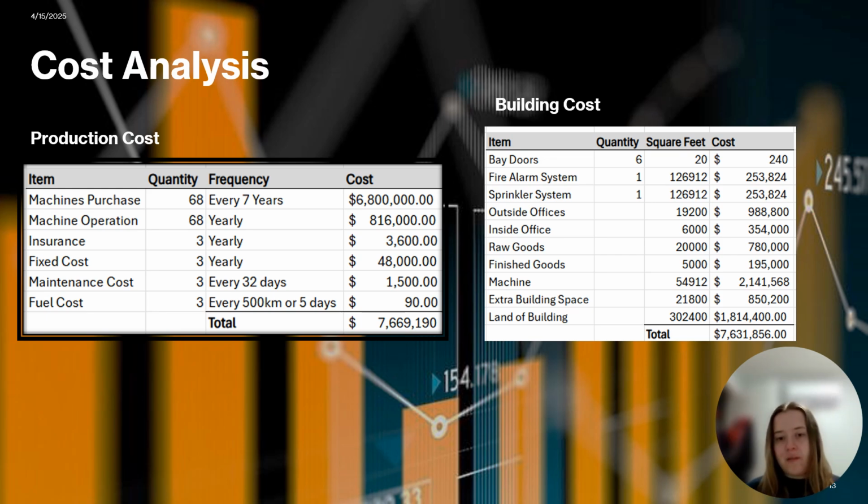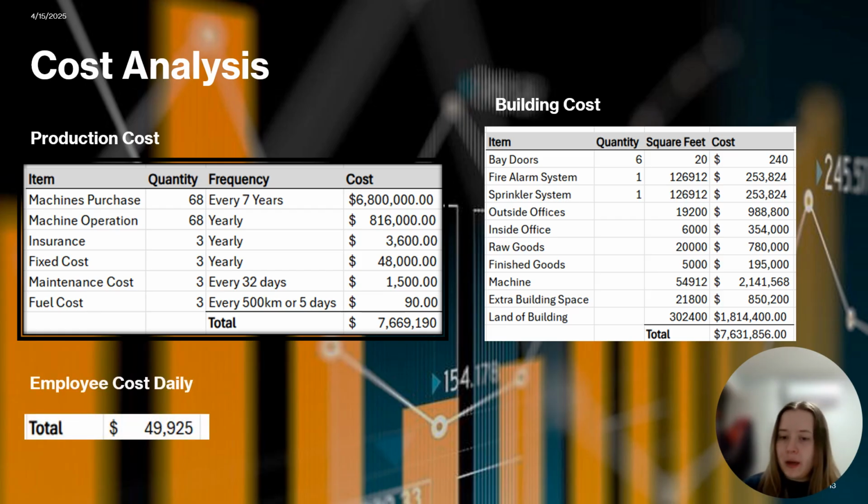And then we have the land of building. This is just the cost of all of the land to build on, which would include roadways, the whole plant itself, and the parking. That is 302,400 square feet, which would give us the 1.8 million.